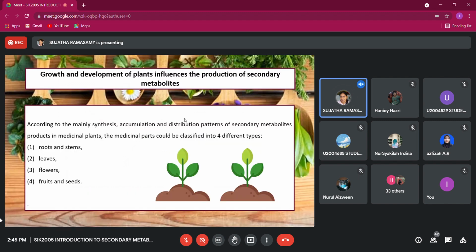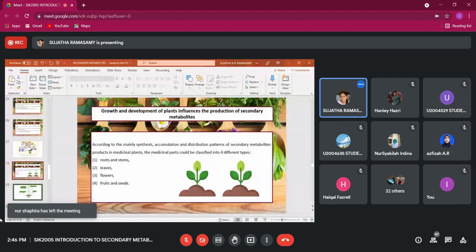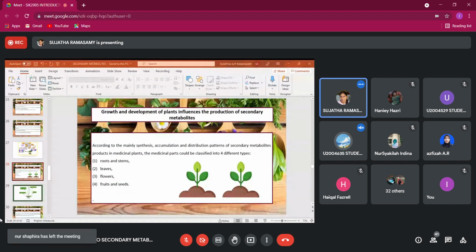Okay. Now, nak break sekejap ke 5 minit? Boleh, Doktor? Okay, 5 minit kita jumpa balik pukul 2.50. Boleh ya? Dan saya stop recording. Boleh. Okay, 2.50 ya?